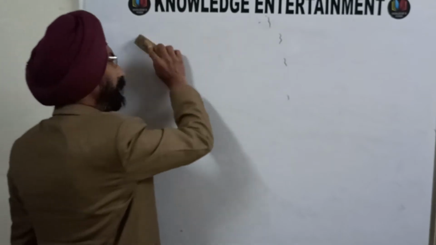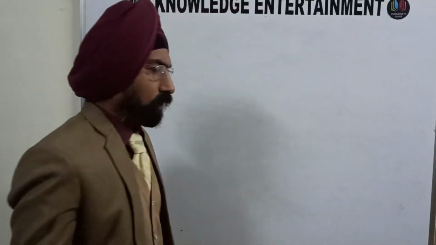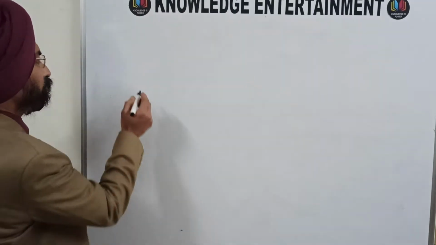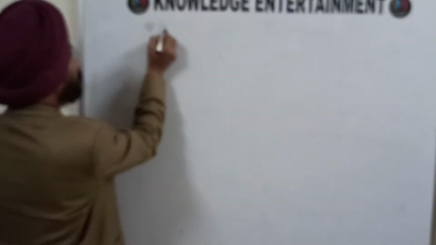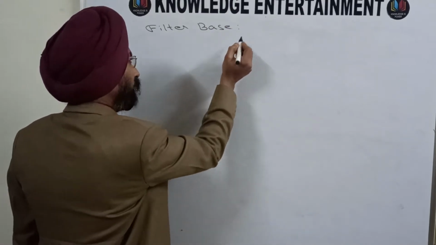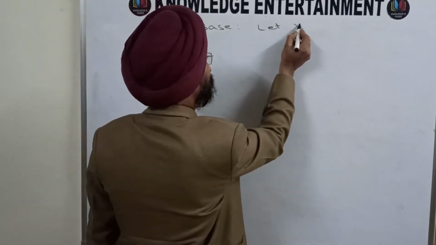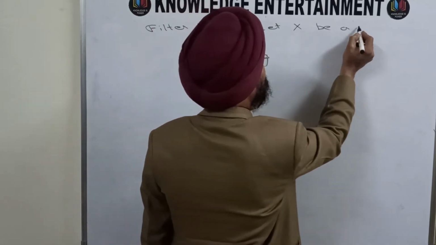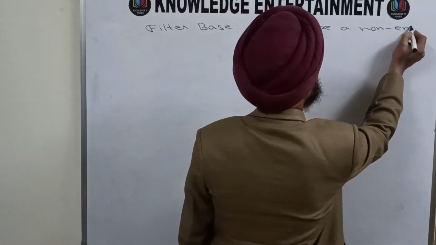Now we will define another important definition, that is filter base. So what is a filter base? Once again we start with a non-empty set. Let X be a non-empty set.